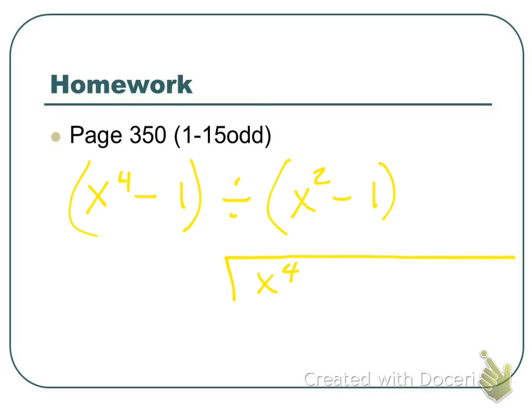X to the 4th plus 0x cubed plus 0x squared plus 0x minus 1 divided by x squared plus 0x minus 1. So when you do this, you're going to end up getting some blanks and bringing some things down. But if you keep all your like powers lined up, you're going to be okay. All right, so get started working on these problems.